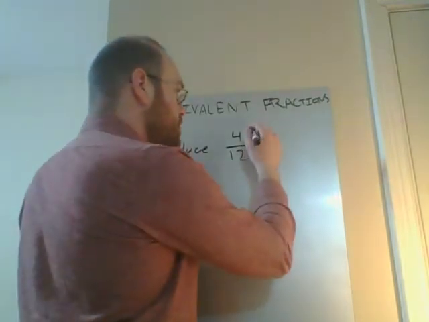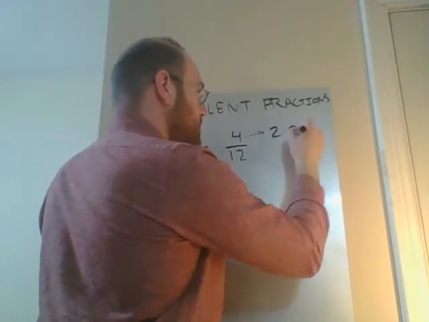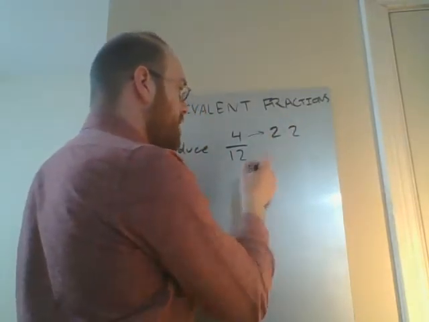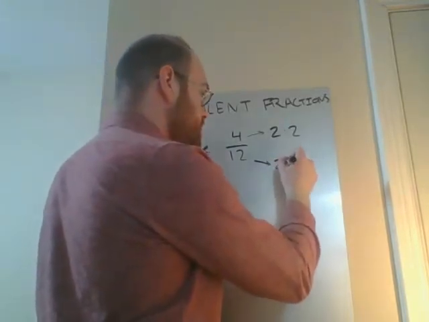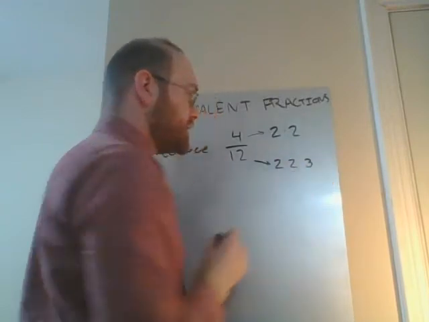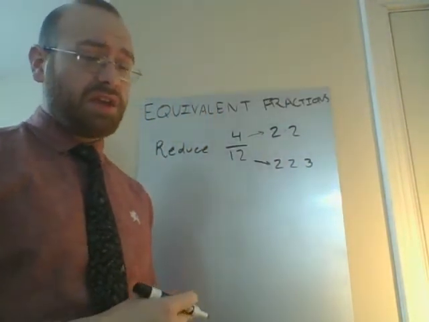So we can get 4 by multiplying 2 times 2, and we can get 12 by multiplying 2 times 2 times 3. And if you needed to take a moment longer than I did to figure that out, it's okay.